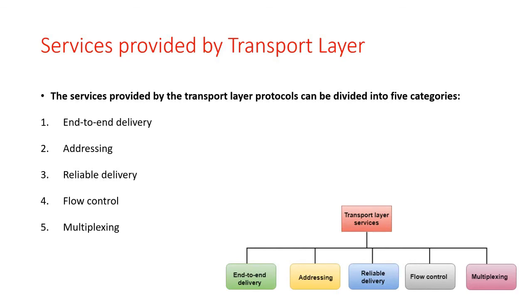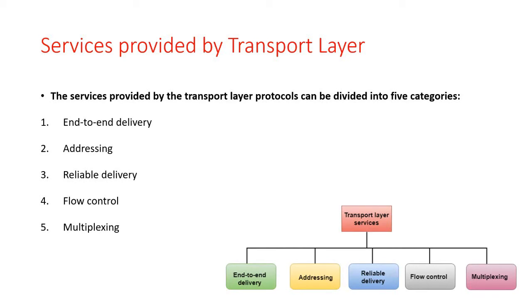The next part is what services are provided by the transport layer. The services provided by the transport layer are similar to the data link layer. The data link layer provides services within a single network, while the transport layer provides services across an internetwork.